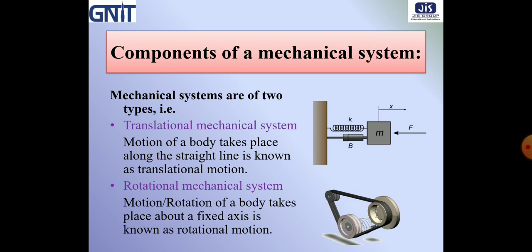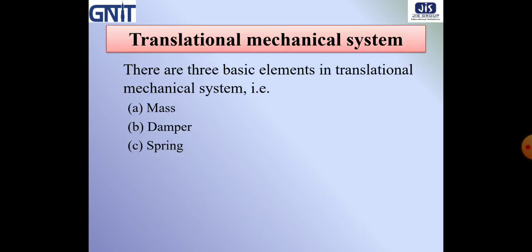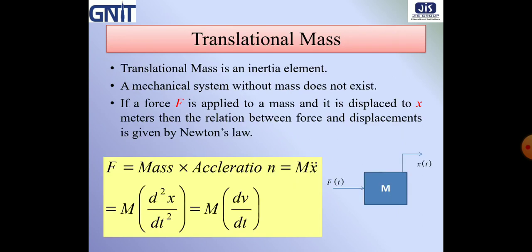In a translational mechanical system, motion of the body takes place along a straight line, whereas in a rotational mechanical system, the motion of the body takes place along a fixed axis. In a translational mechanical system, there are three basic elements: spring, mass, and damper.